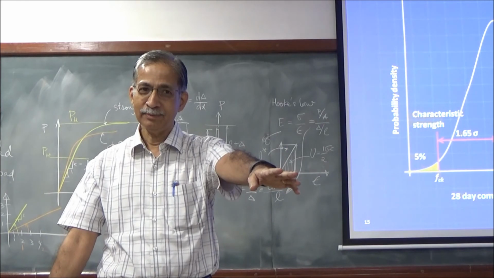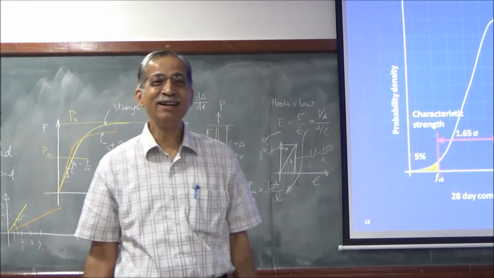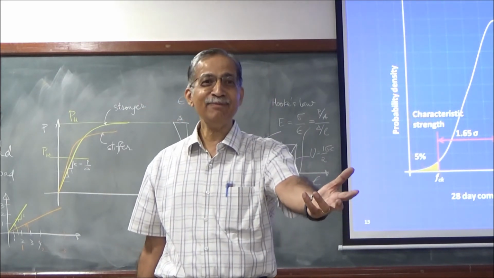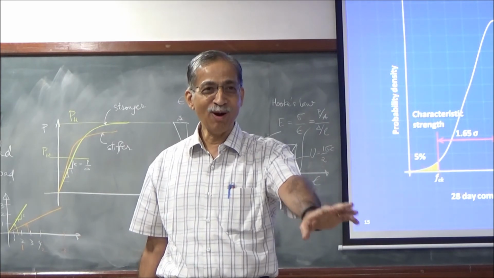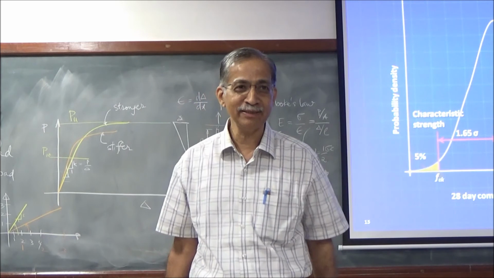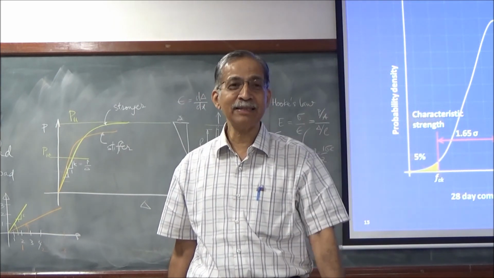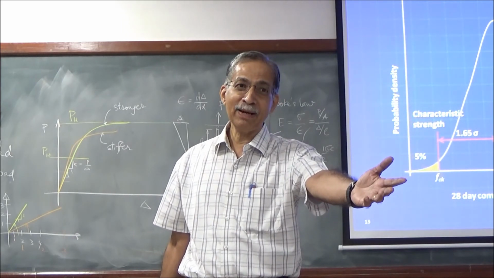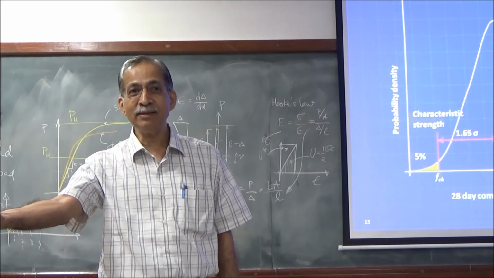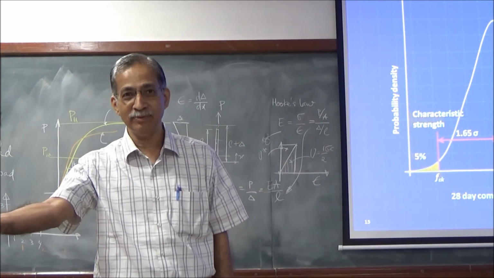Sure. Not necessary. He's happy. Not necessary. He's a low time, low budget, small contractor who's never cast concrete more than 20 megapascals in his lifetime. With 20 megapascals, he's getting 3 megapascals as standard deviation. He is a big time contractor. He does only concrete which is M80 and above.